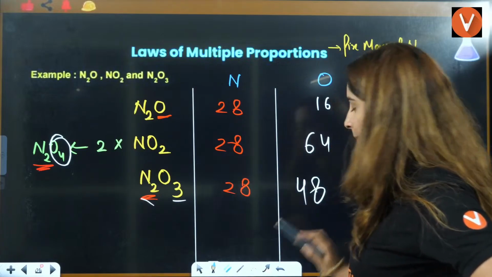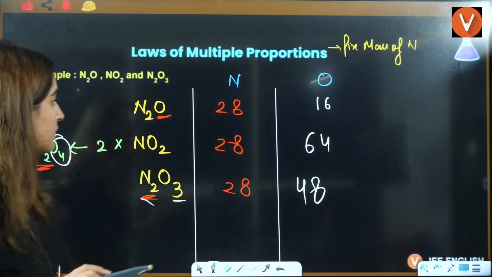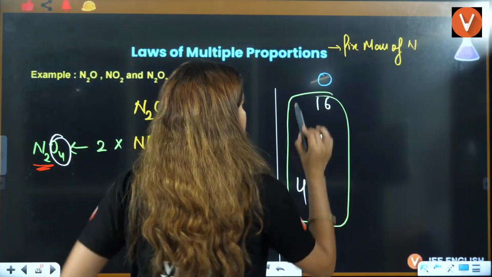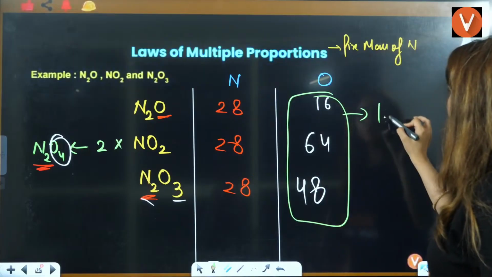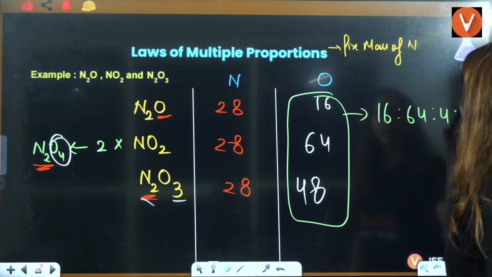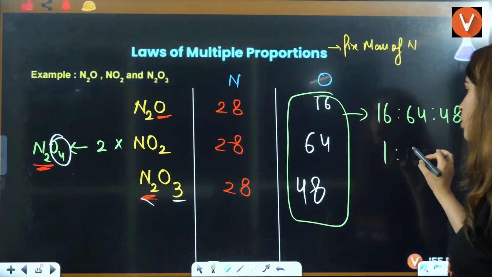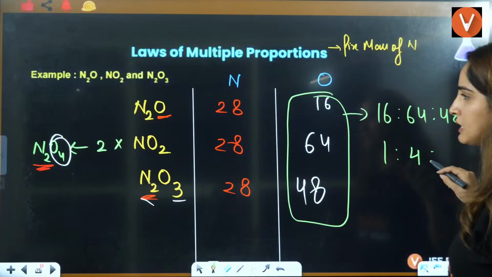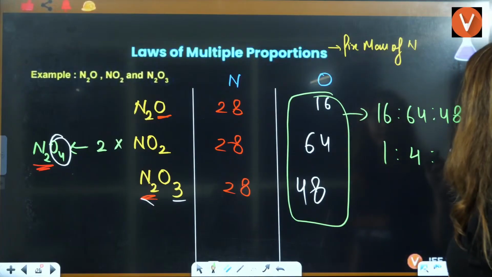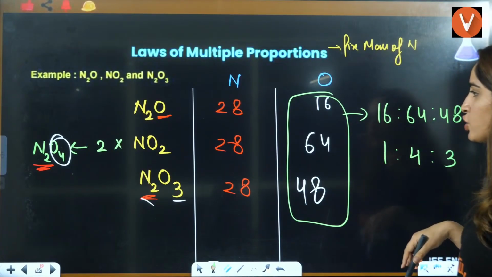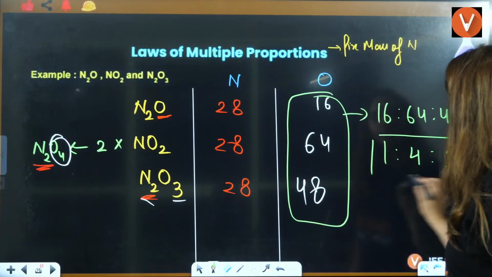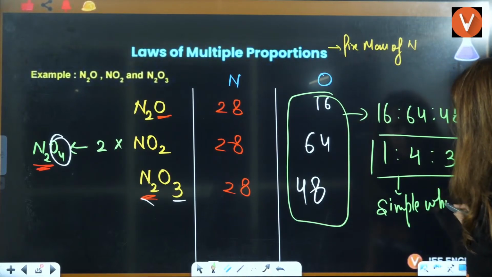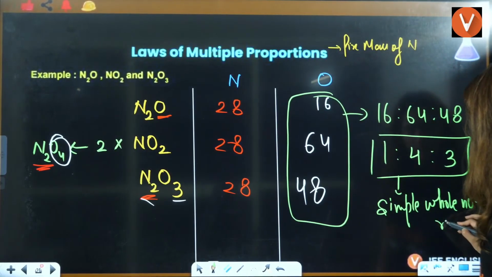Now, once you have this, you need to tell me the ratio of these 3 things. That should be a simple whole number ratio: 16 ratio 64 ratio 48. That is going to be 1 ratio 4 ratio 3. So the answer is going to be a simple whole number ratio.